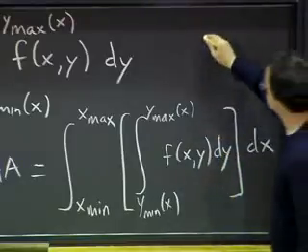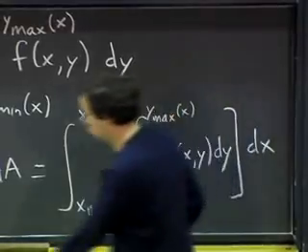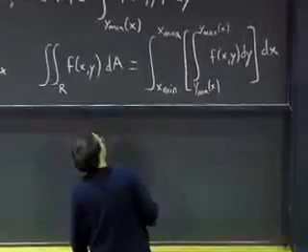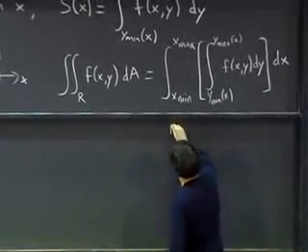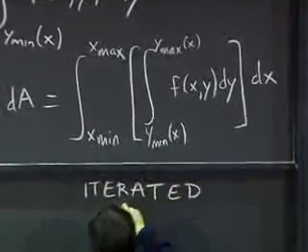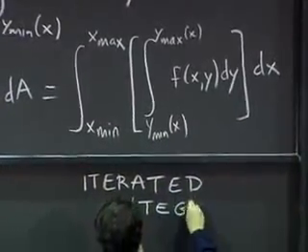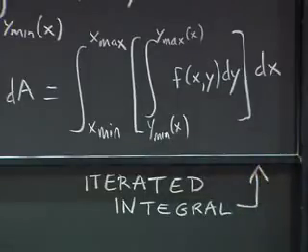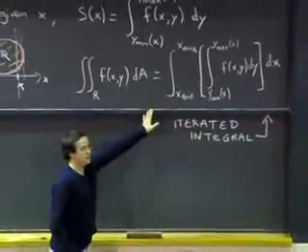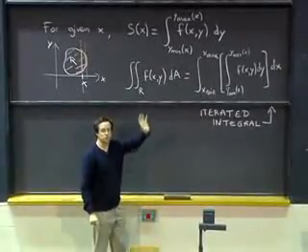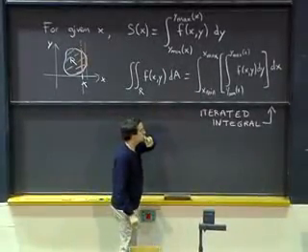This is called an iterated integral, because we iterate twice the process of taking an integral. What's important to realize here, and I'm going to say that several times over the next few days, is that it's the single most important thing to remember about double integrals.